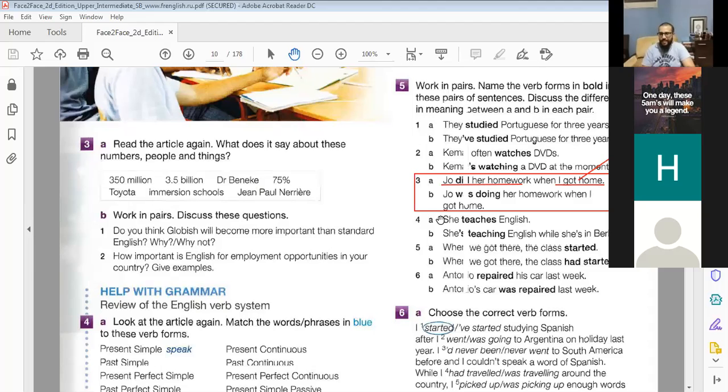And use, for example, Joe did her homework by the time I had got home, or by the time I arrived home. It's another way of saying when, but when is a lot easier. It's more concise, right? Just use when. All right.